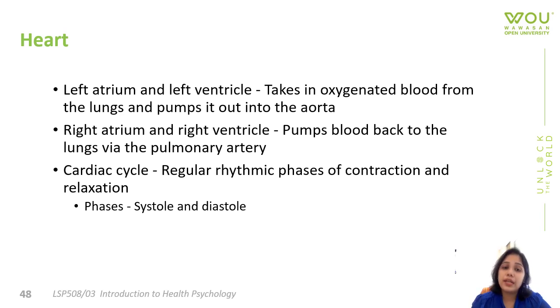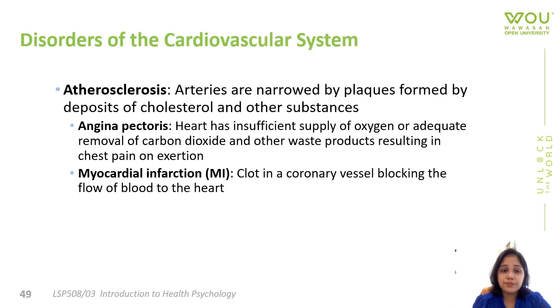And then you've got the right atrium and right ventricle, which pump the blood back into the lungs through the pulmonary artery. The cardiac cycle is the regular rhythmic phase of contraction and relaxation of the heart. Phases include systole and diastole.